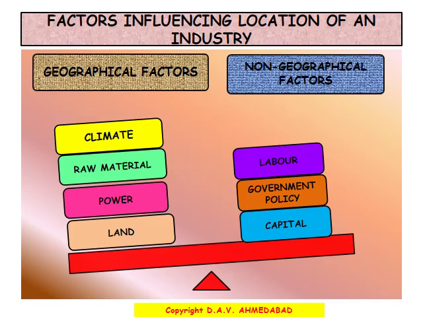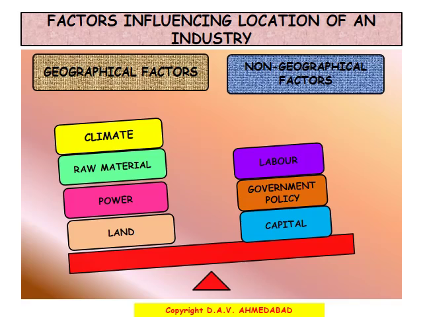There are several factors which influence the location of an industry. Basically, it is divided into two factors, geographical factors and non-geographical factors. We will discuss the geographical factors first. Climate. The climate is very important on the basis of which an industry is laid.